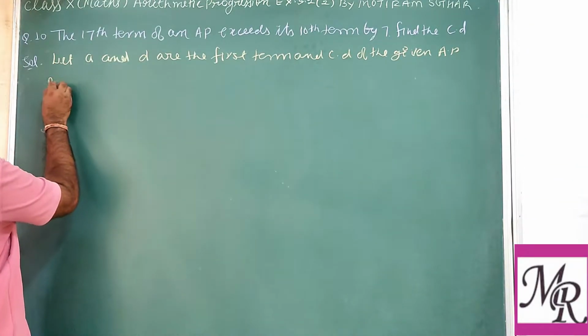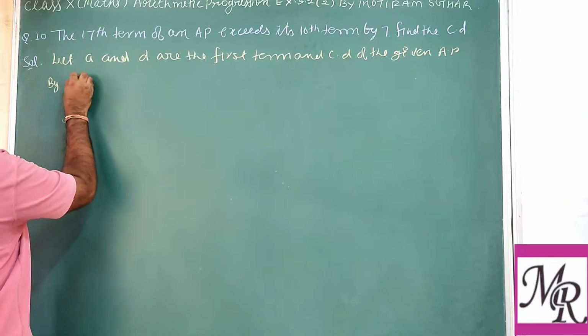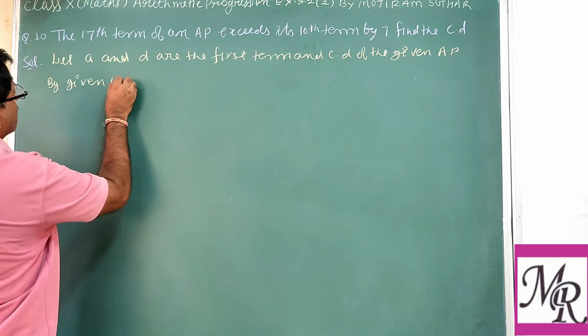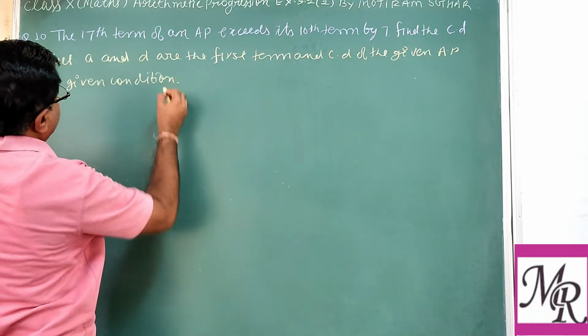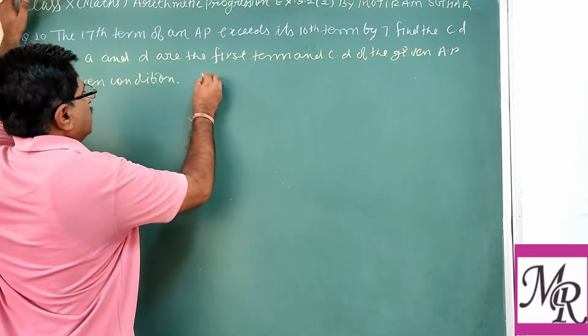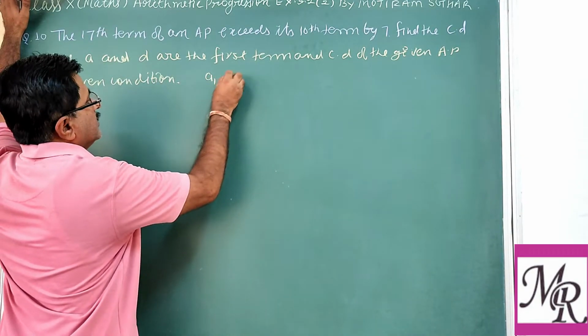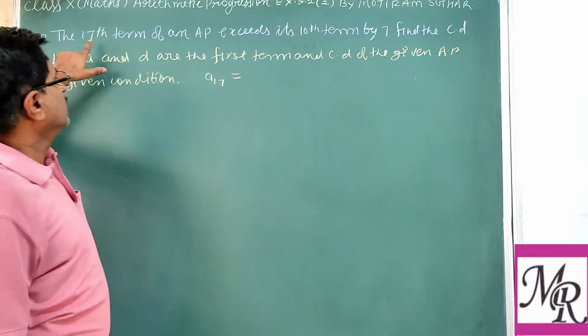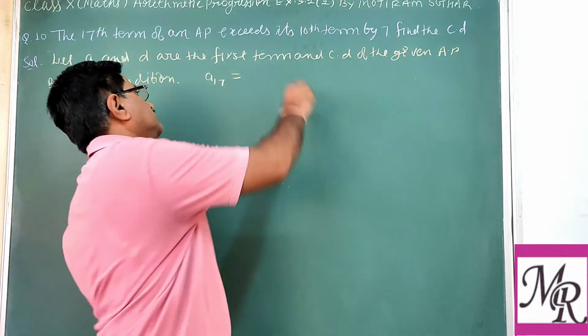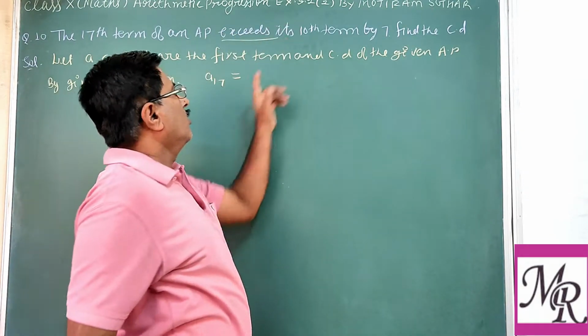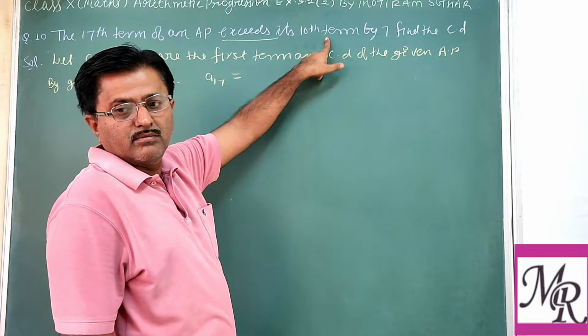By the given conditions, the given condition says its 17th term, that means A17. The 17th term of the AP exceeds, meaning more than, its 10th term.